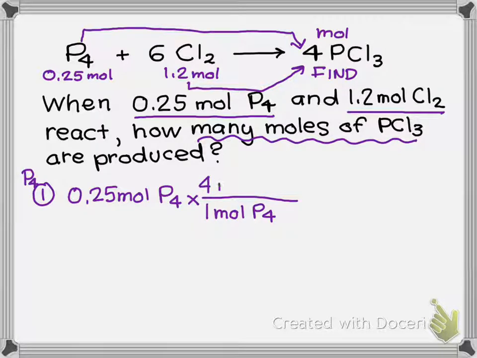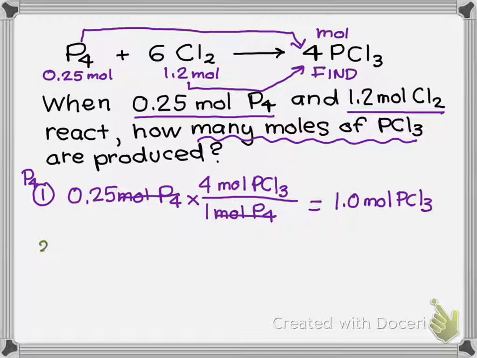Moles PCl3. So that cancels, and I get 1 mole of PCl3. So if I start with P4, I get 1 mole of PCl3.